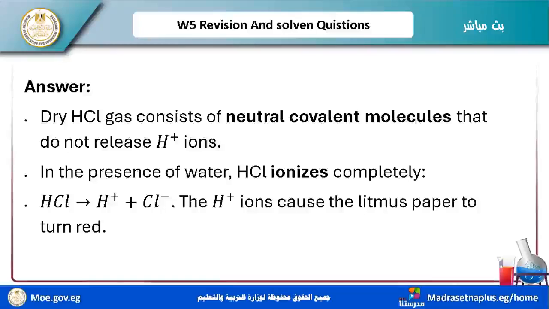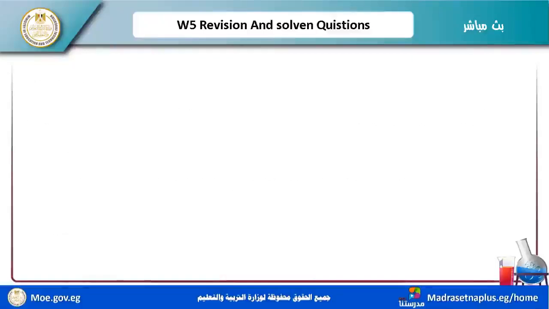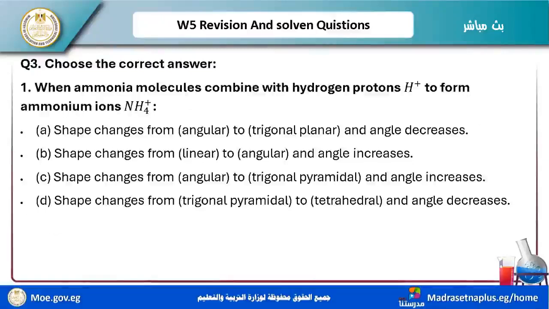There are no hydrogen ions here, and no dissociation. But when HCl dissolves in water, it dissociates into H positive and Cl negative. HCl ionizes completely because of the polar covalent bond in HCl. The H positive ions are responsible for converting the litmus solution to the acidic color, which is red.